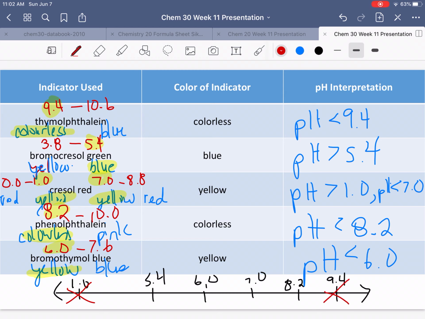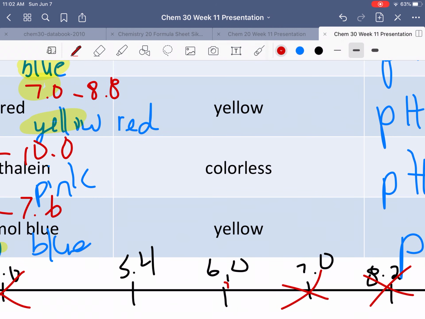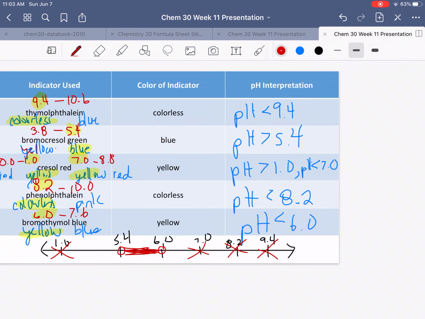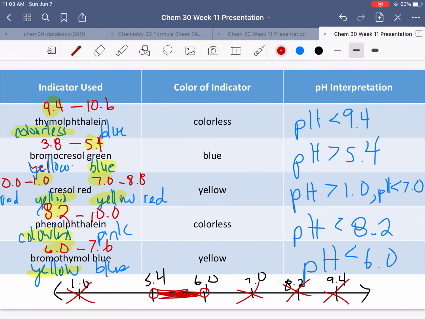Then I say, hey, it's less than 7.0. Oh, I can get rid of the 8.2. I can narrow the range even more. But it's not just less than 7, it's even less than 6.0. Oh, now we can really narrow the range. So here we go, guys. It's less than 6.0. It's greater than 5.4. There's our range, right? We just narrowed it as far as we can.